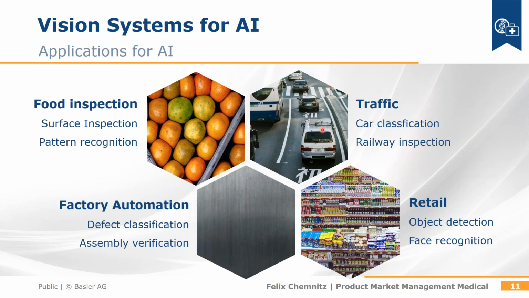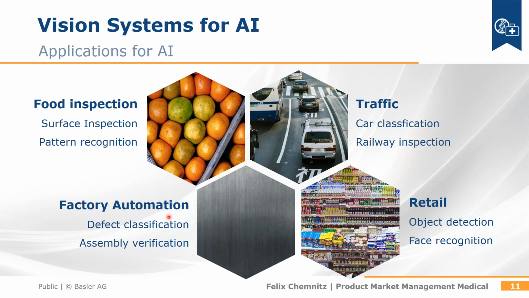We see other fields, from what we call in Basler language factory automation. So there could be food inspection, where you have to differentiate oranges from pineapples from whatever. You will have pattern recognition, surface inspection. We see traffic applications, for example car classification or railway inspection. In classical factory automation, here we have as well a steel belt.